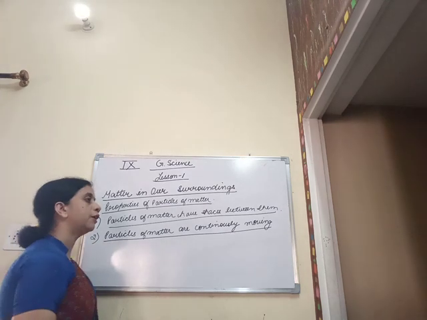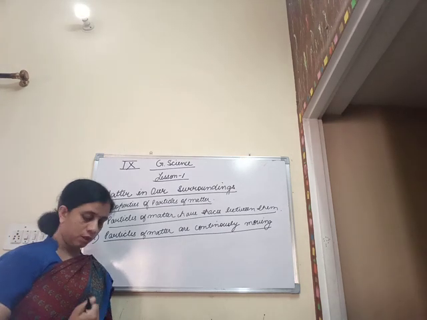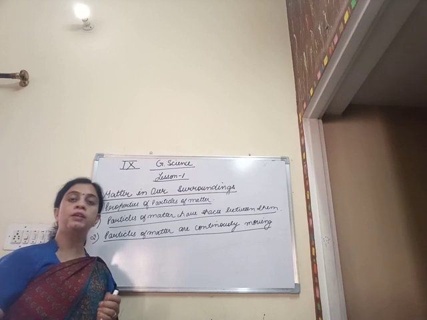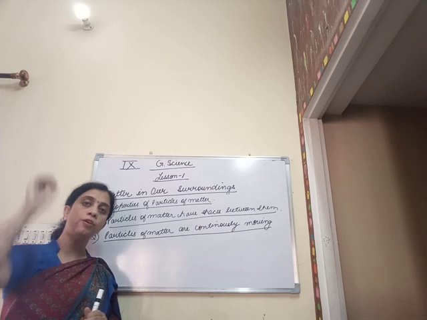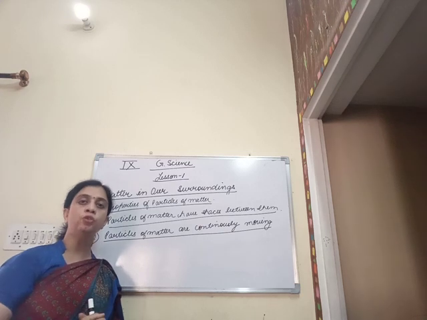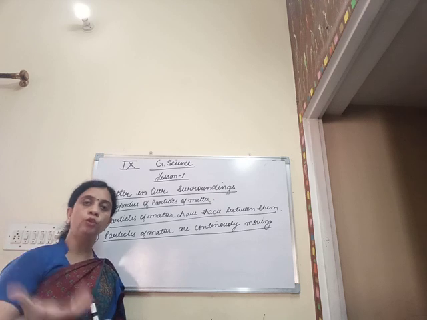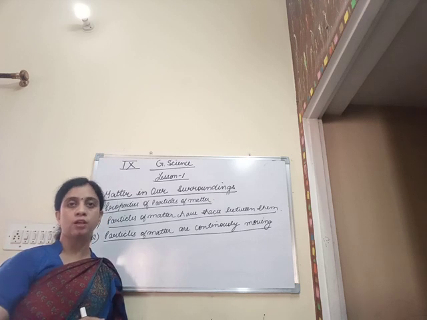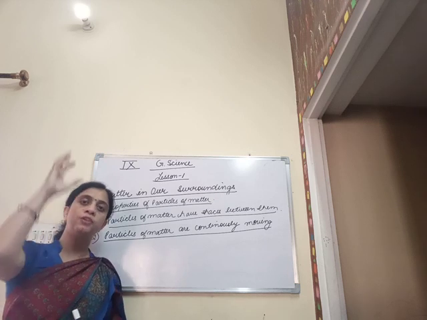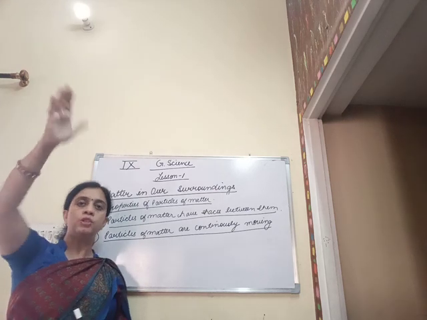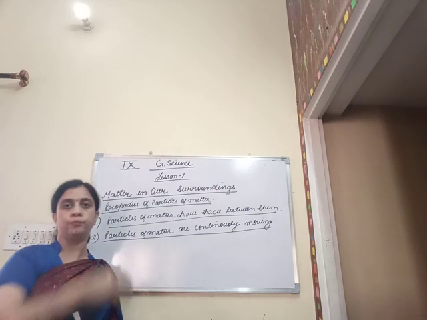This can be very well understood by an activity: take an incense stick, light it up and place it in a corner of your room. After a certain time, you are going to smell the odor of that incense stick, and you can even see the fumes traveling from that corner of the room to other parts of the room.